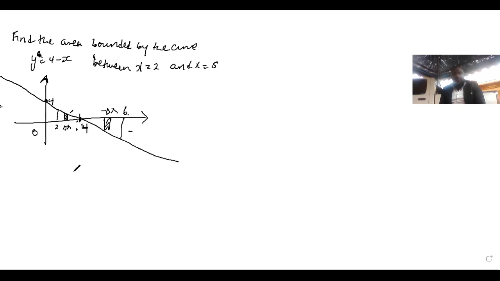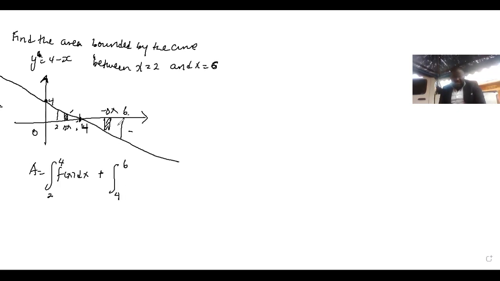And remember, I told you if you want to find the area, you can get it from the integral of a function in terms of x, dx, like from 2 up to 4, plus. Teacher, is it 5 or 6? It's supposed to be 6. Then from 4 up to 6.